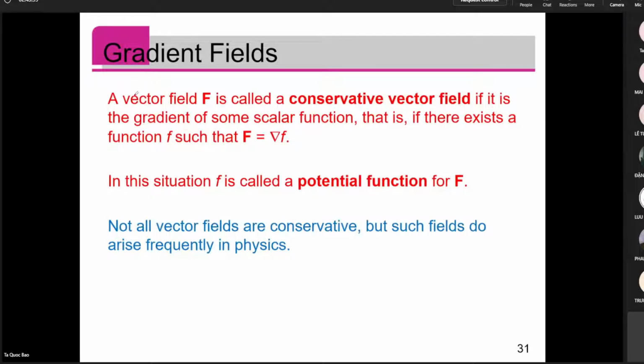Now, remember a vector field we call a conservative vector field. So we should remember this concept. A vector field is called a conservative vector field if it is exactly the gradient of some scalar function.